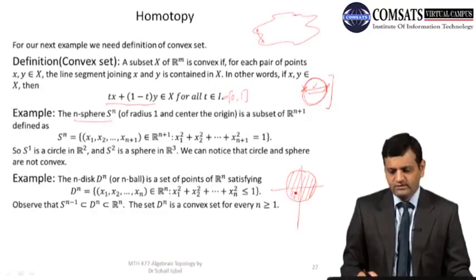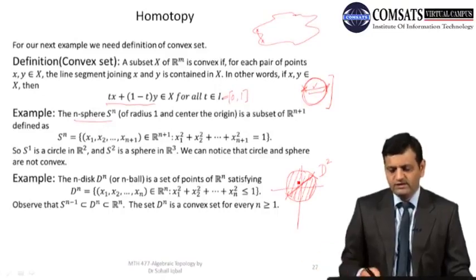We can observe that if I take one point and another point, then the line segment joining them is totally contained in D2. Similarly, we can observe for other pairs of points in D2 that the line segment joining them is always contained in D2. So D2 is convex.